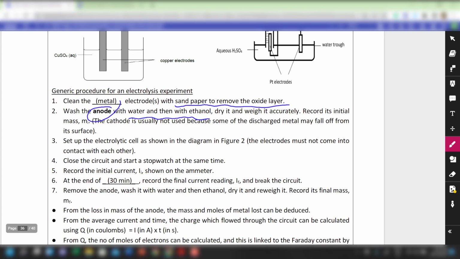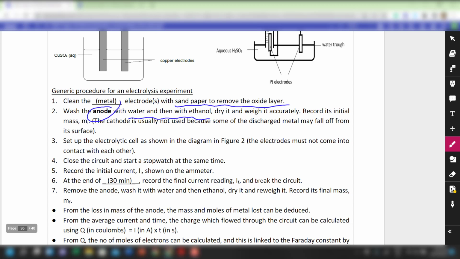Some of you might be thinking the cathode is okay as well, because at the cathode the metal will be reduced. But sometimes it's difficult because the reduced metal might not stick very firmly to the metal surface, so some of it might fall off. So using the anode is often a better choice.